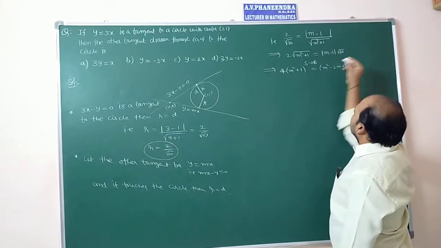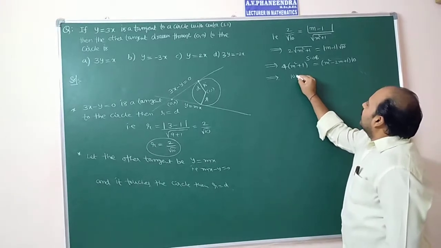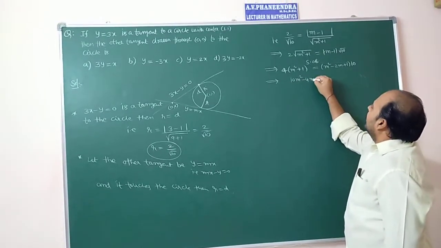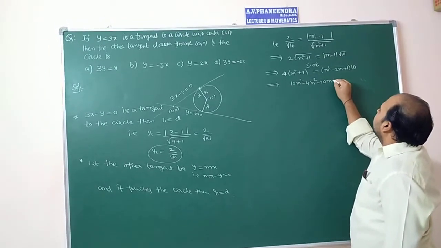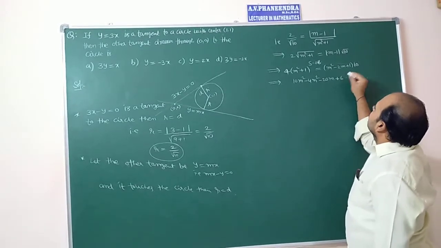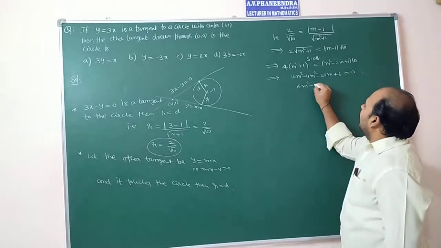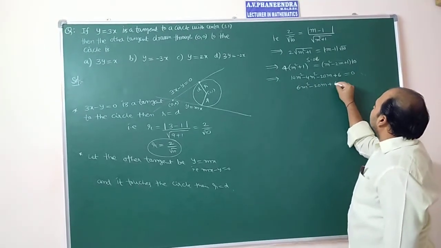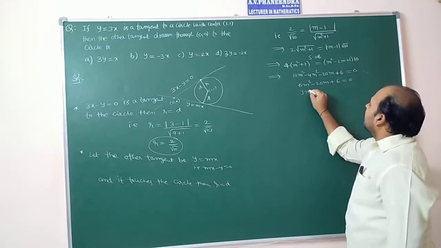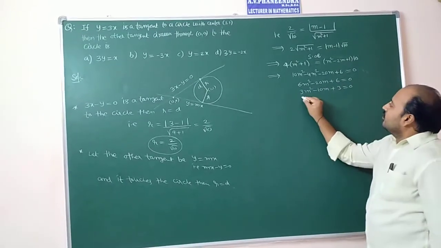is equal to (m square minus 2m plus 1) into 10. All the terms we can take to this side: 10m square minus 4m square minus 20m plus 10 minus 4, so plus 6 is equal to 0. So 6m square minus 20m plus 6 equal to 0. 3m square minus 10m plus 3 equal to 0.